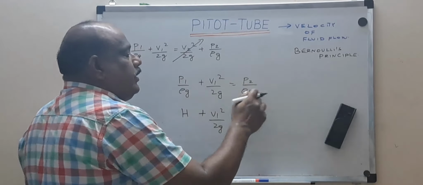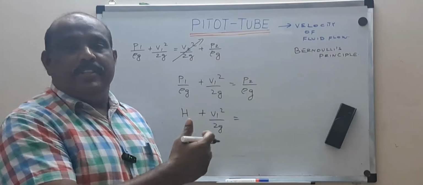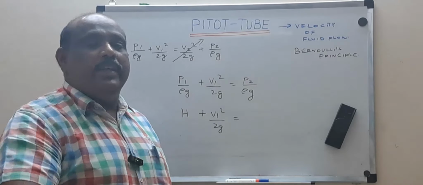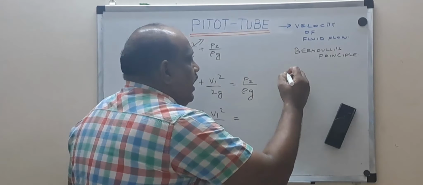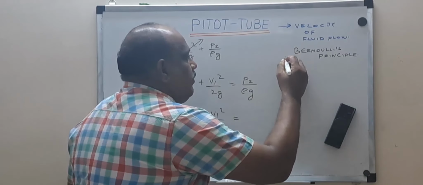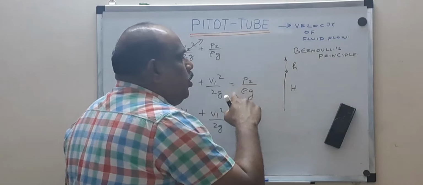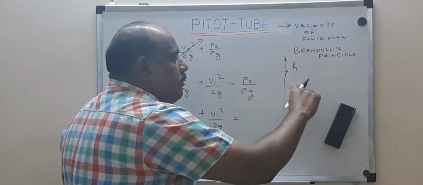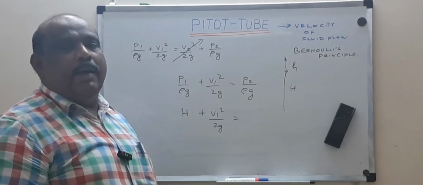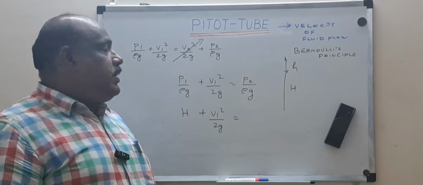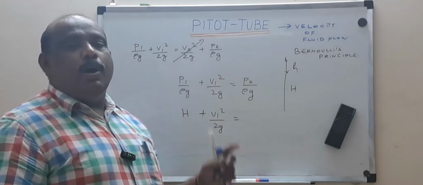What is P2? At the location 2, the fluid is brought to rest, so it has a summation of both static pressure and dynamic pressure. So we will have both capital H as well as small h. At 1, we have only capital H, which is nothing but the water static pressure, because the dynamic pressure is taken care of by this component.